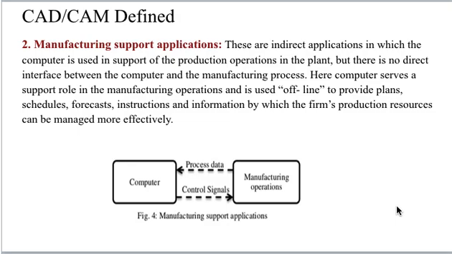Some examples of CAM are numerical control part programming by computers, computer-automated process planning, and computer-generated work standards.